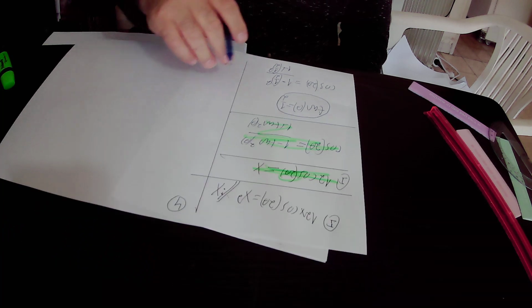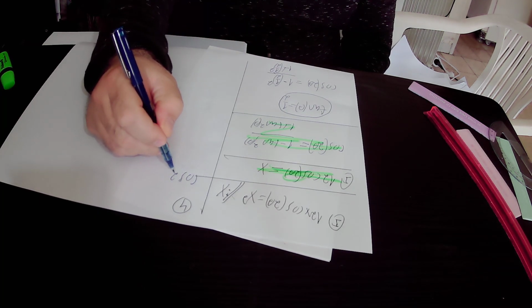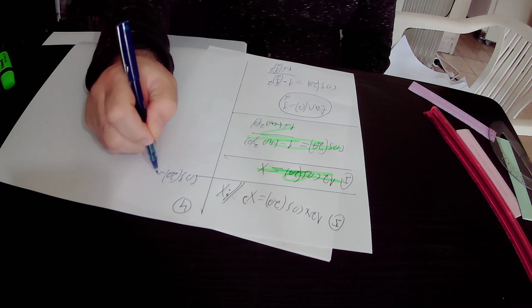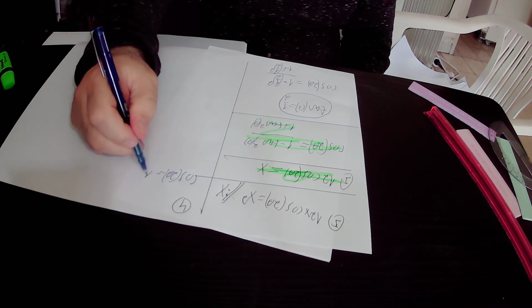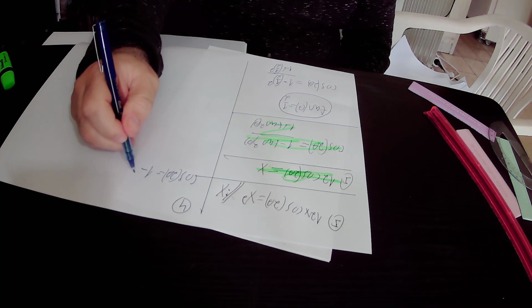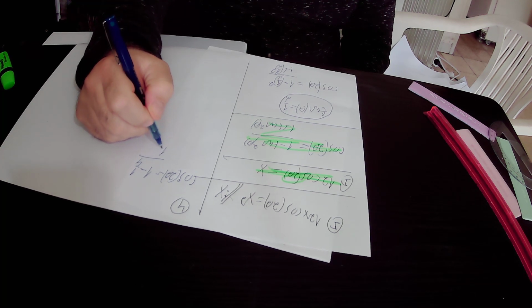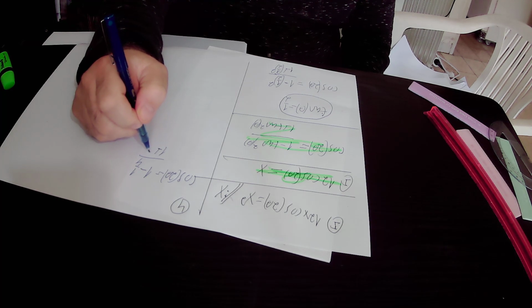So cosine 2 theta equals 1 minus 1 half squared, which is 1/4, over 1 plus 1 half squared, which is 1/4.